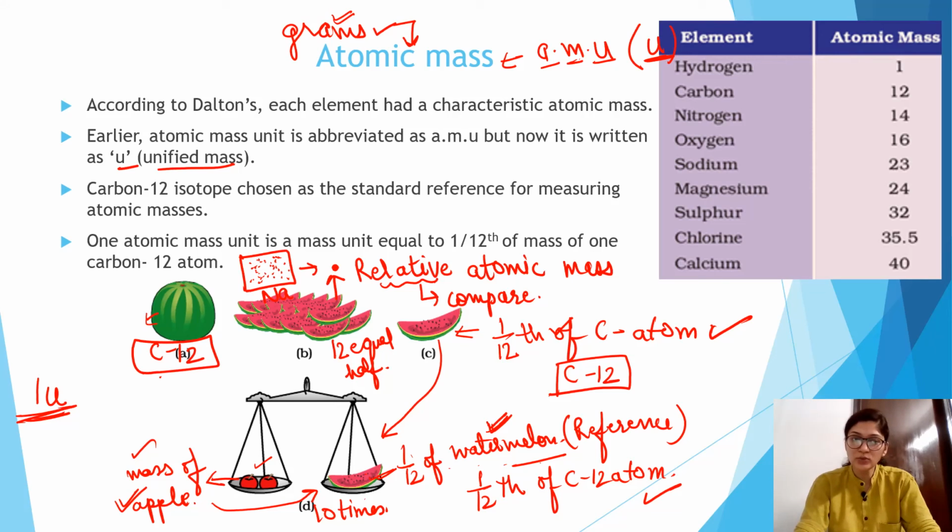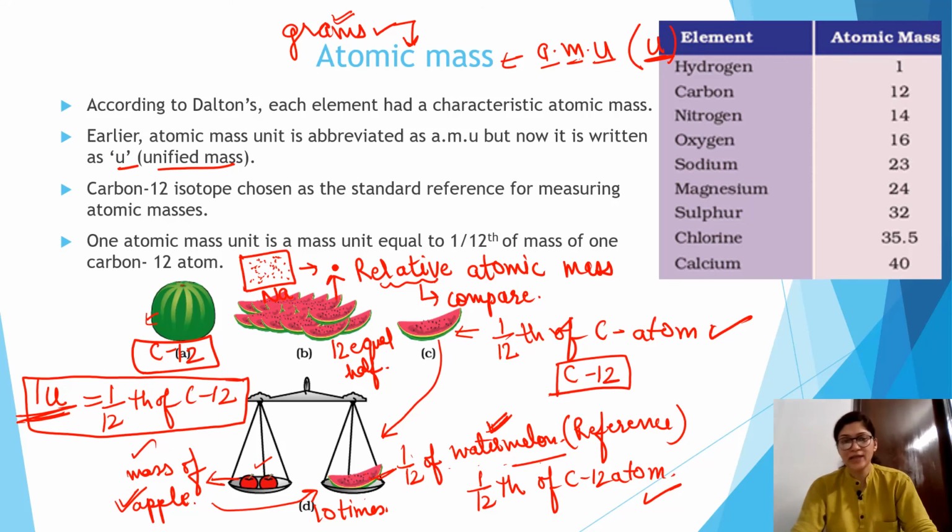And what is 1u? 1u is 1 by 12th of C12. This is the main point which you have to understand, that 1u is nothing but 1 by 12th of C12, which is taken as a reference to determine the mass of any element. If I say carbon is 12u, then carbon is 12 times heavier than 1 by 12th of C12.